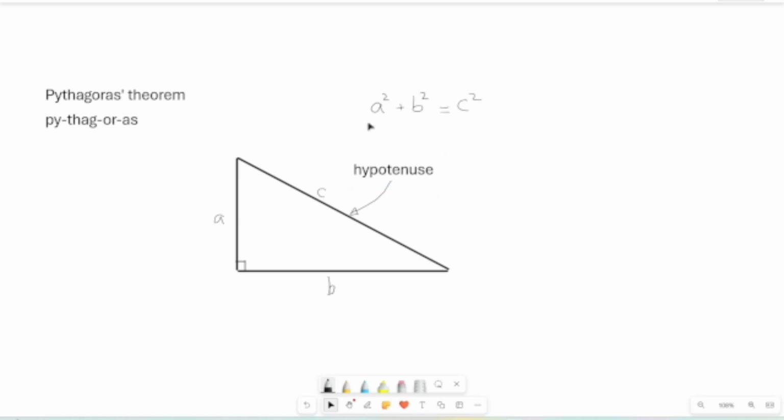So that is what Pythagoras' theorem states. And I'll give you an example, and then I'll come back and explain why we talk about the sum of the squares of the other two sides and so forth.